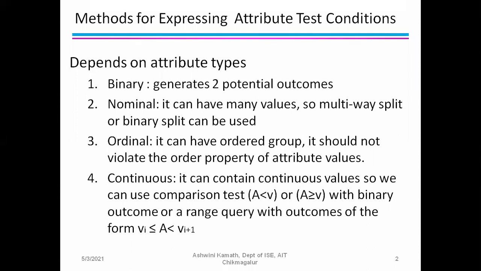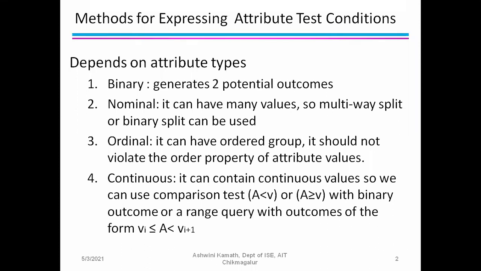Binary outcome will be only 2 values like 0 or 1 or true or false, or a range query with outcomes of the form A greater than or equal to Vi and less than Vi plus 1. So it's a range. A value, that is attribute A value, can range from Vi to Vi plus 1.